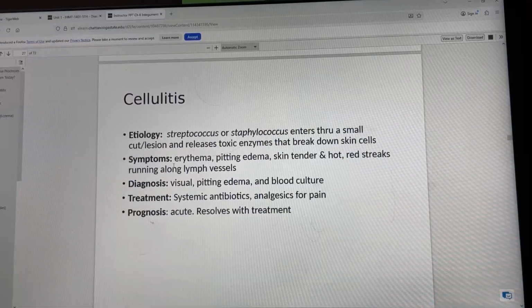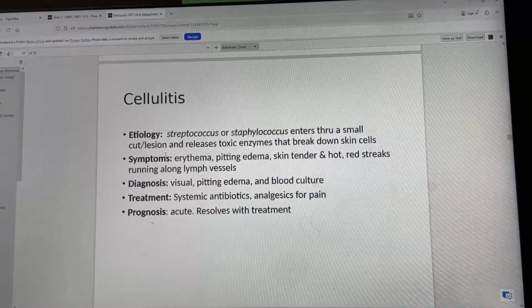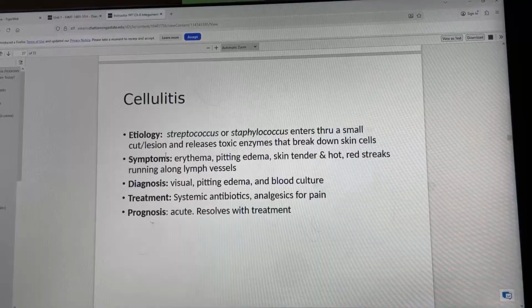Basically what happens, people get a small cut or break in the skin and the bacteria gets into the skin and starts releasing toxic enzymes that cause this problem. A lot of times people get this after a cat scratch because cat claws are very sharp, very deep, and they usually have a ton of nasty stuff on their nails because they're in litter boxes. So cat scratches are one of the major causes of cellulitis.